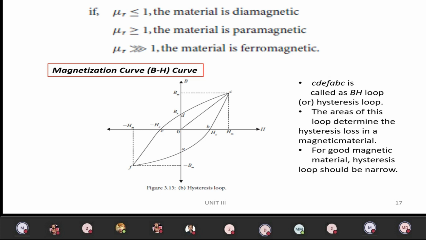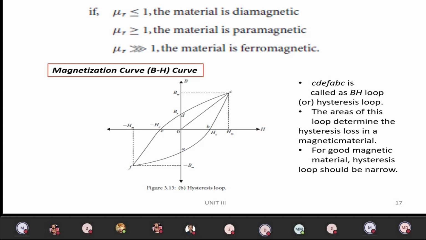After C, if you decrease the field intensity, the flux density will not stay on the same path, but it follows a new path. That's what we call D. At D, even though the field intensity is 0, we have some residual flux density.